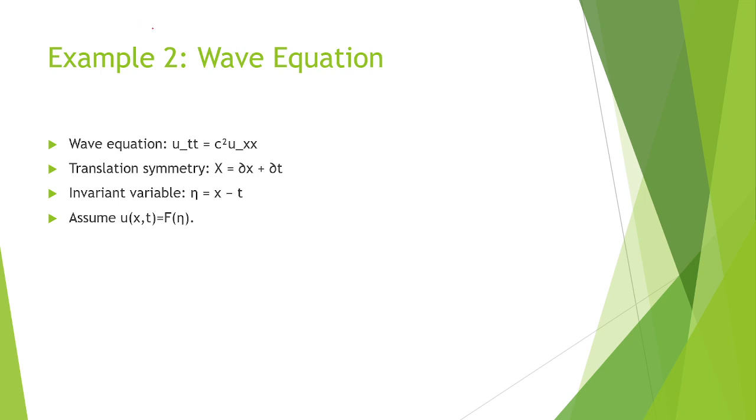Okay, the wave equation and this generator. This is the Lie symmetry generator of this wave equation, and using the characteristic equation for it, this is the variable eta. Now let's convert this PDE into an ODE here.